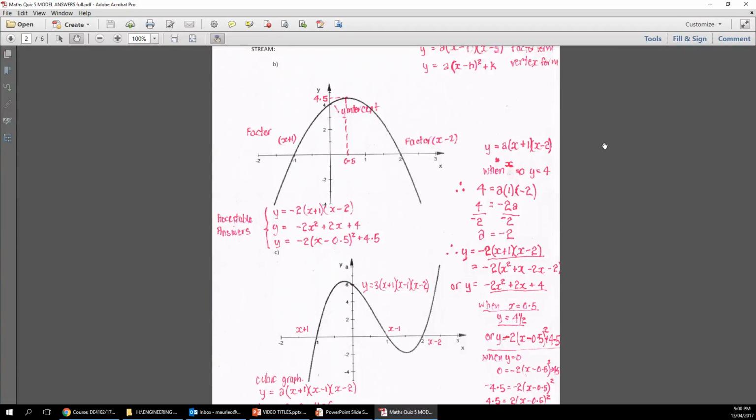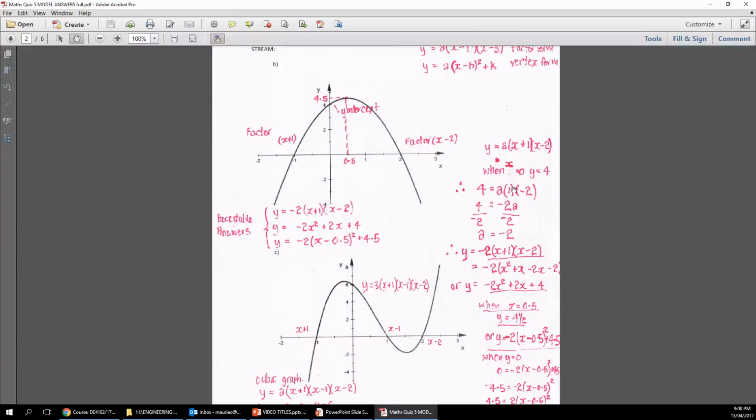Now we look here and we can see that we've got a y-intercept of 4, that's when x equals 0, y equals 4. Putting that into our equation is going to help us find out what a is. So we've got 4, which is y, equals a, as yet unknown, bracket x plus 1 bracket x minus 2.